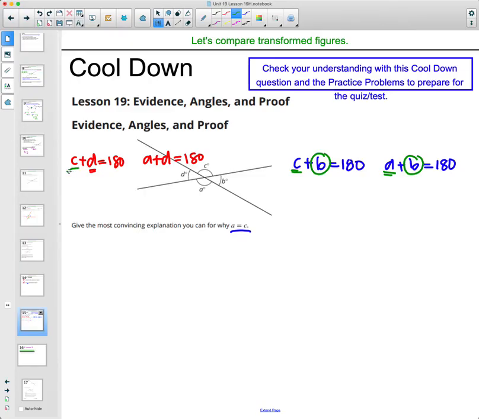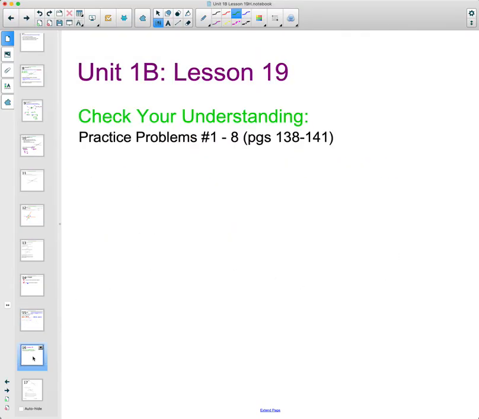So here I have C and A, and I used it with D. Where here I had C and A, but I used it with B. So then solve for B. Subtract C from both sides, then plug it in and solve. Then you also have your lesson practice problems for 19 on page 138 to 141.